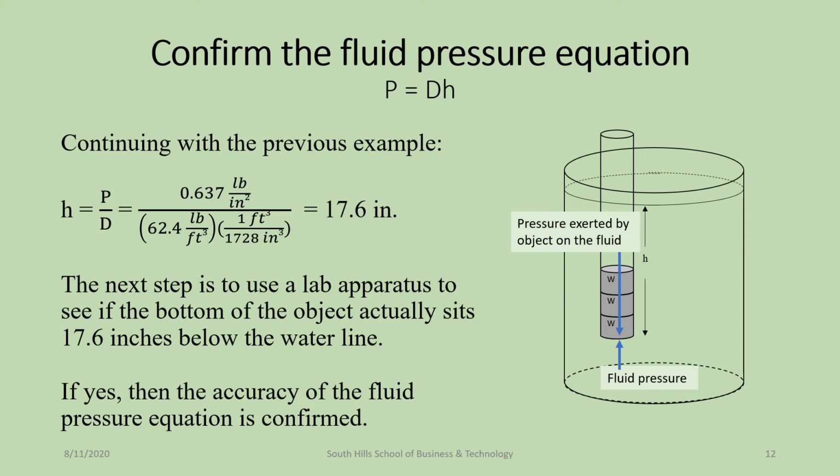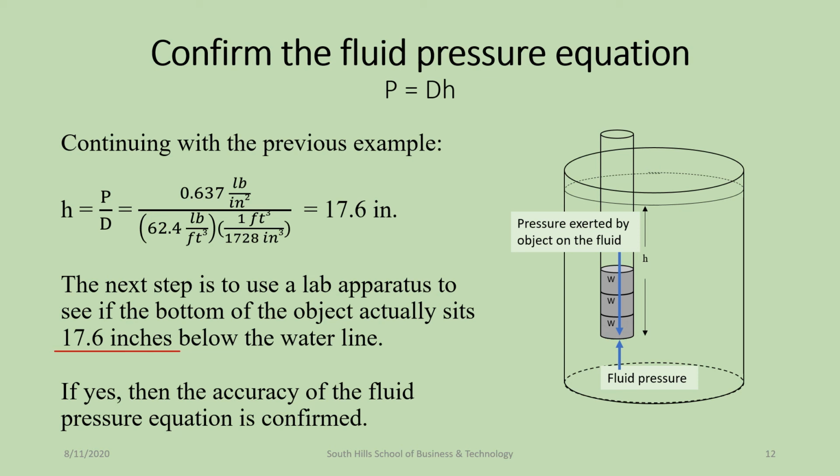Okay, now we get to the point where you would use the apparatus. So the next step is, using a lab apparatus, actually take this object and place it in the container and see if it indeed rests 17.6 inches below the waterline.